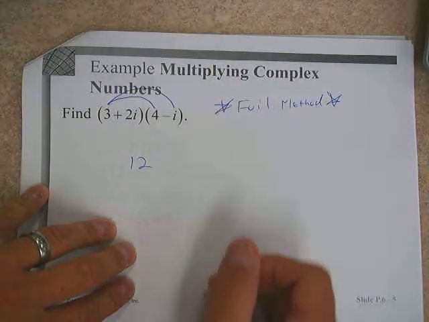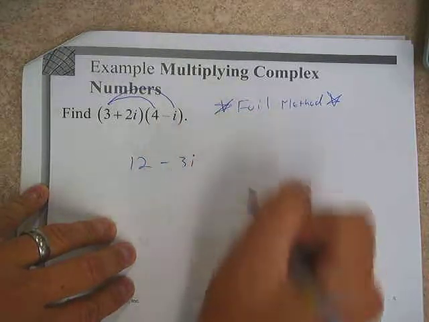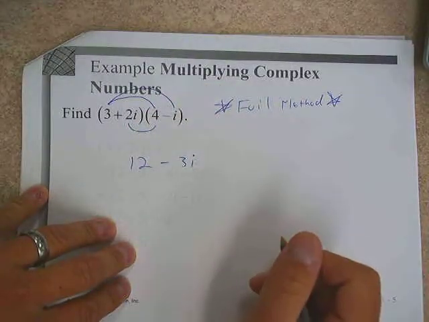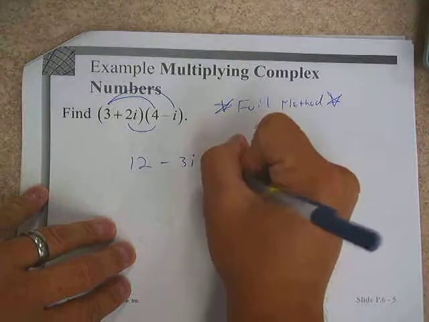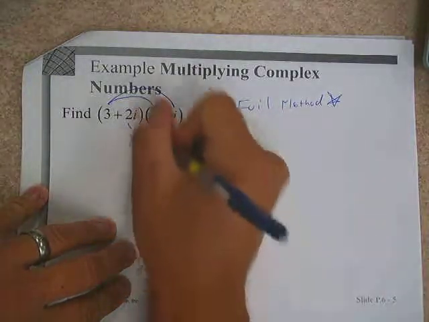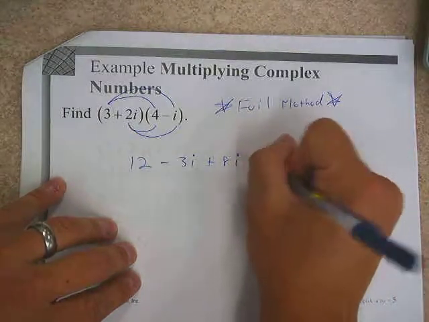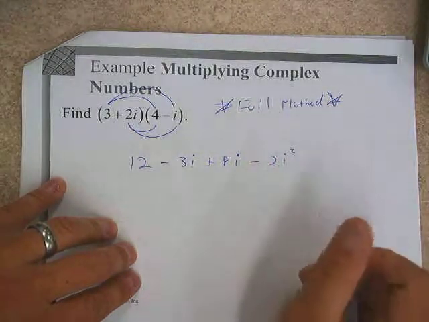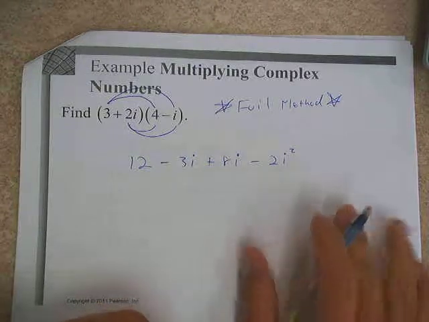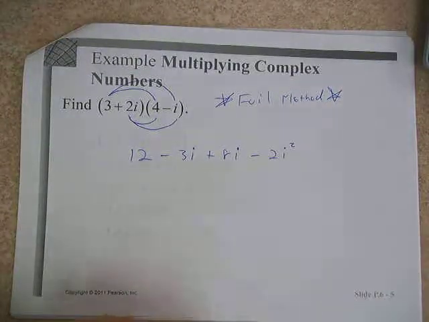The outside, 3 times negative i, would be negative 3i. The inside, 2i times 4, is going to be plus 8i. And finally, the last: 2i times negative i gives us negative 2i squared.